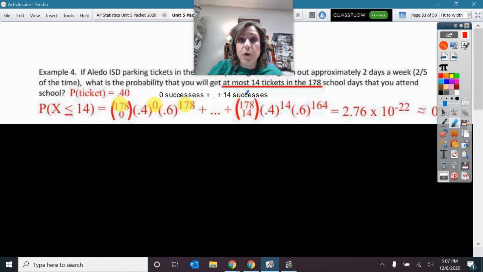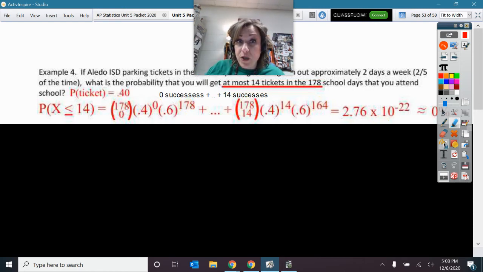The top, 14 successes is the top. So 178, 14 successes. So this number here is 178 minus 14. So that's 164 failures plus the 14 successes is a total of 178. Okay? All right. So there's that.